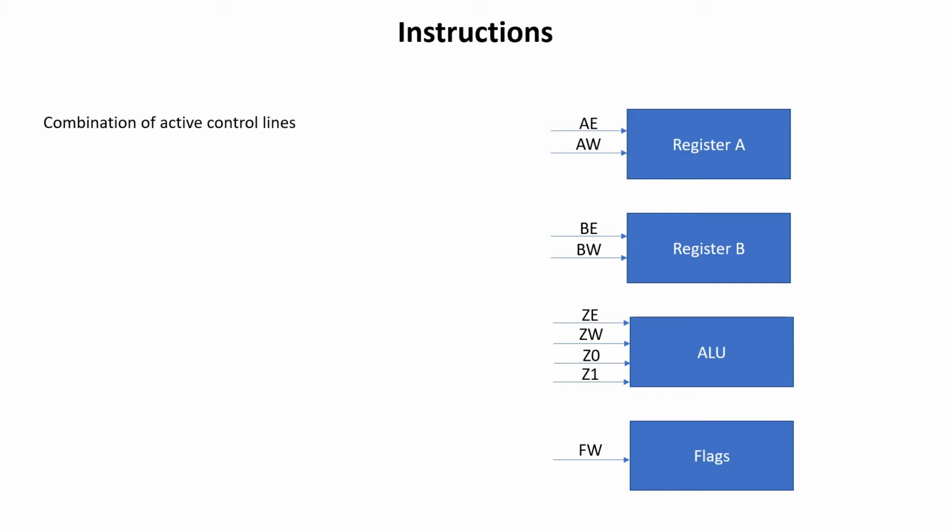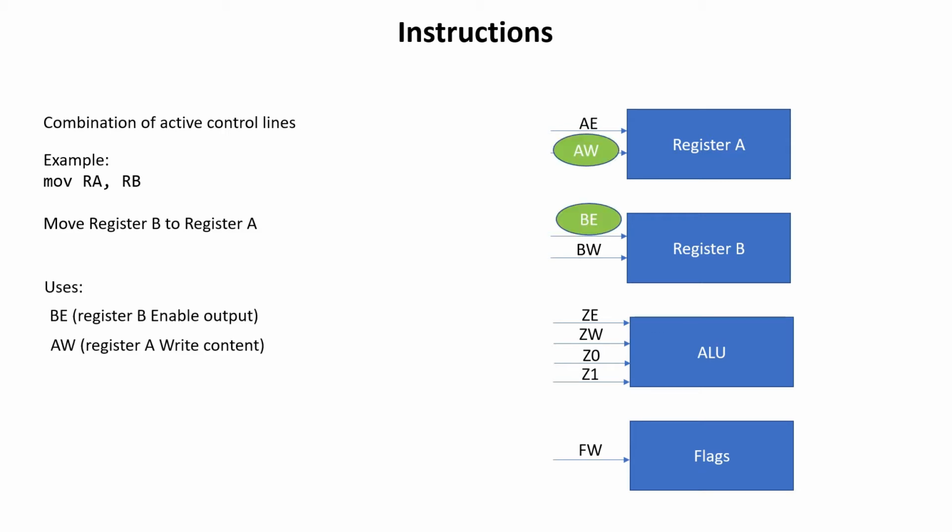So an instruction may be, for example, move register B to register A, and to accomplish that instruction there are two control lines that have to be active at the same time, which in this case are BE, register B enable to output, so the register B content is visible on the data bus, and register A write, so that register A takes the content from the data bus and writes this data into the register.